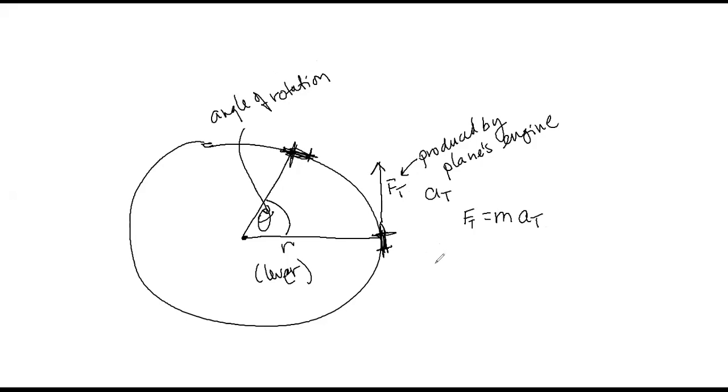Now the torque is produced, and let me put the torque in. I'm going to explain what torque is in a moment because I know you never learned it, but it's important to understand angular momentum here.